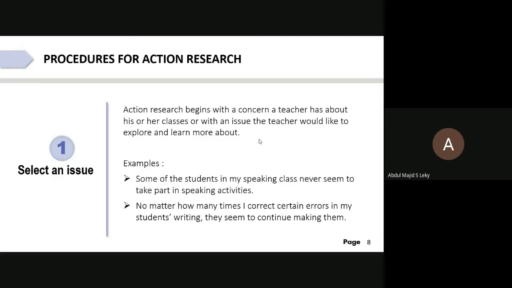When we see the problem, we need to consider that this is important, and that's why we need to conduct action research. Or, for example, no matter how many times we correct certain errors in our students' writing, they seem to continue making the errors. So we need to find the solution for what is the main problem that caused the students not to be able to correct or learn from the errors they made.